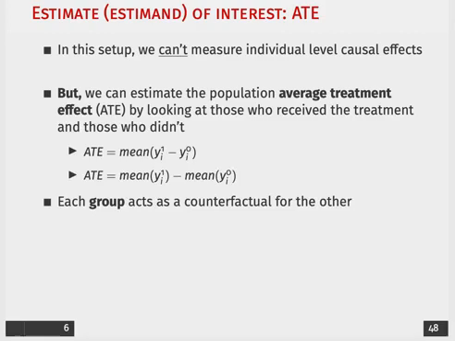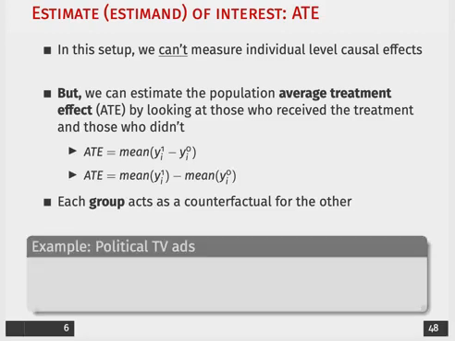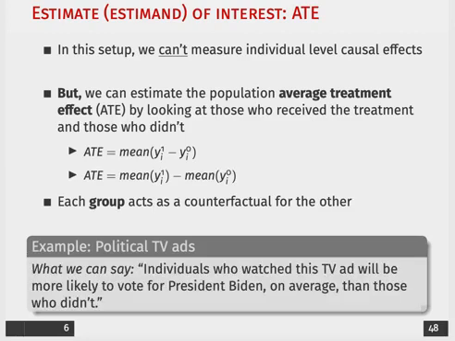Each group is going to then act as a counterfactual for the other. So going back to that political TV ad example, what we really can say is that individuals who watched this ad were more likely to vote for President Biden on average than those individuals who didn't. Now, notice that this is very subtle language, but it has both a difference for how we set up our estimation strategy as well as the potential inferences that we can make from those models.